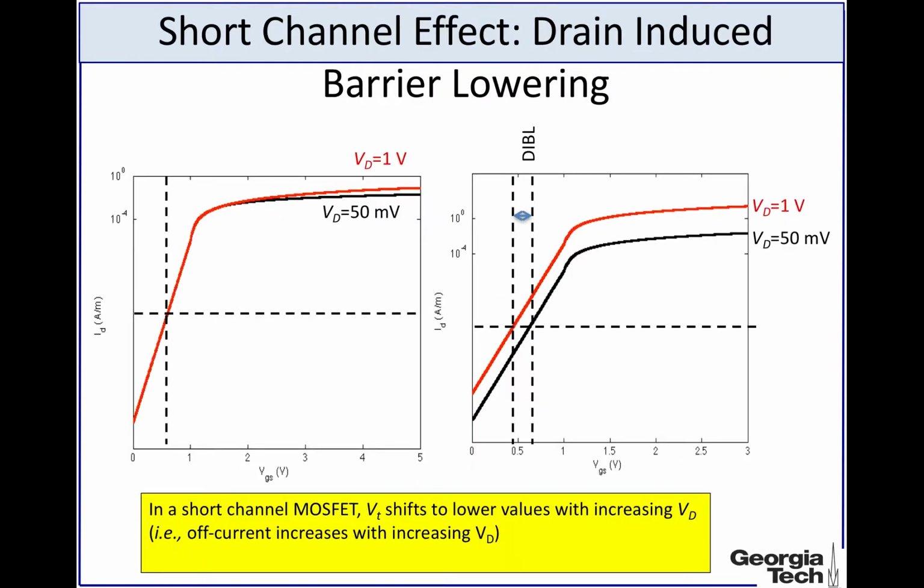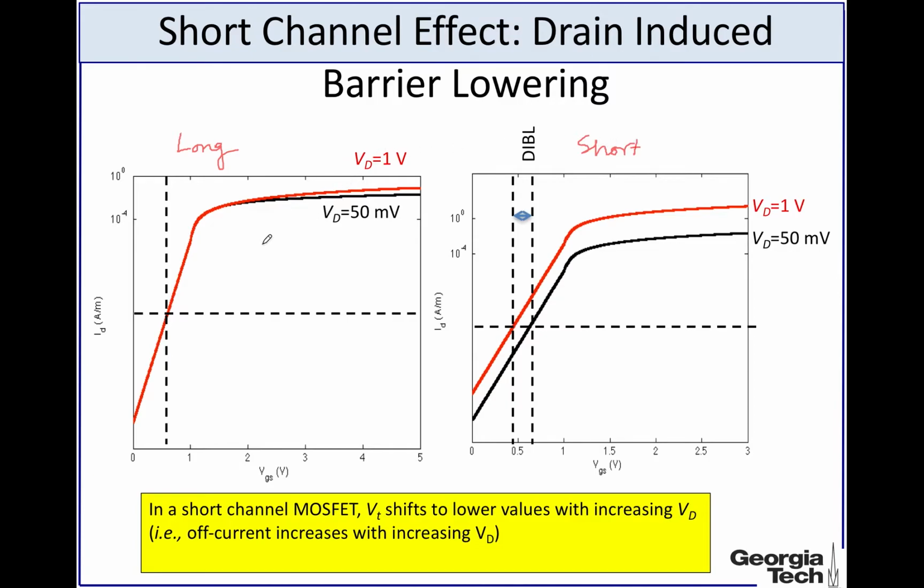So to make that point, let's compare the ID-VG plots for a long channel transistor and a short channel transistor. On the left we have a long channel transistor, and on the right we have a short channel transistor.